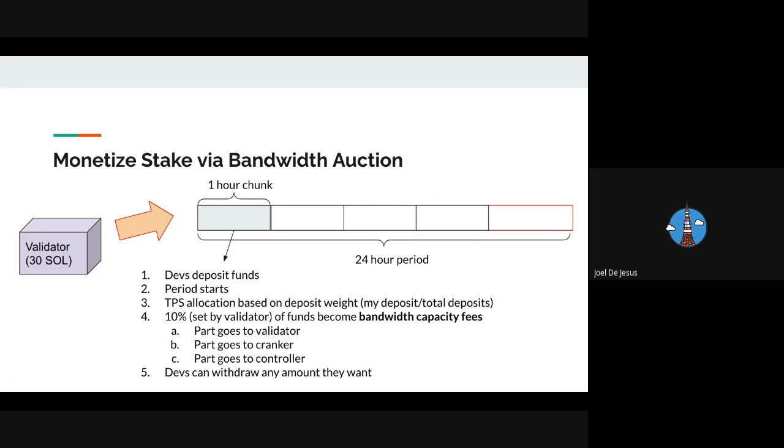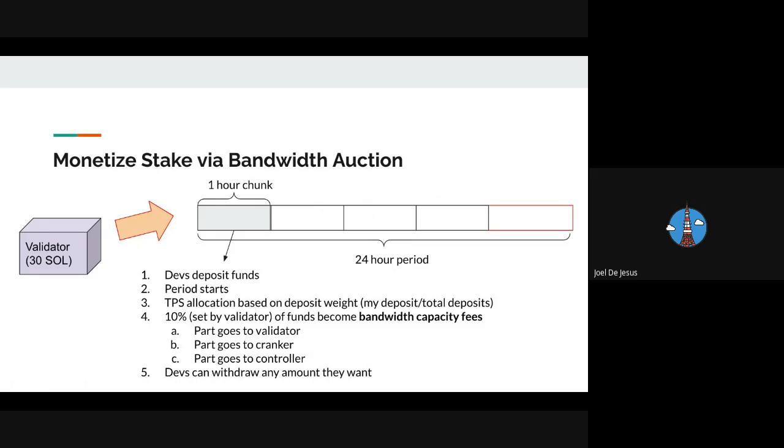If it's 10%, as on this page, then the $100 will go to $90, and the $90 will apply to the next period, and the 10% decay of the bid bucket becomes the fees, part of which goes to the validator, cranker, controller, and another part goes to, well, let me get to that in a second.